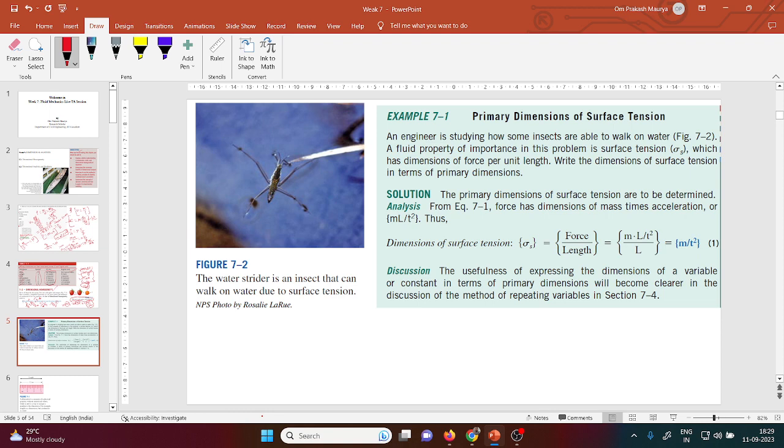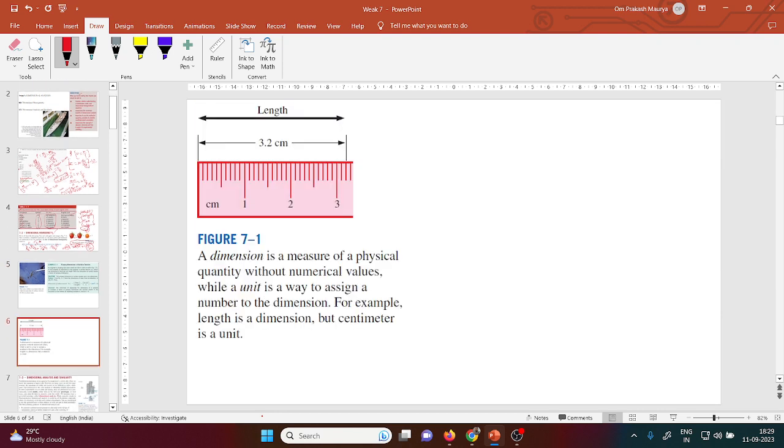This question is about surface tension, that is force by length, and how we calculate it. Now moving on, here is a very beautiful definition. A dimension is a measure of physical quantities without numerical value, while a unit is a way to assign a number to dimensions. For example, length is a dimension but centimeter is a unit.